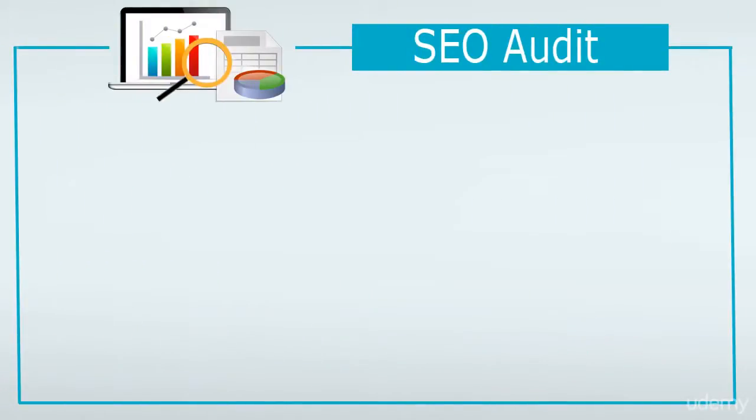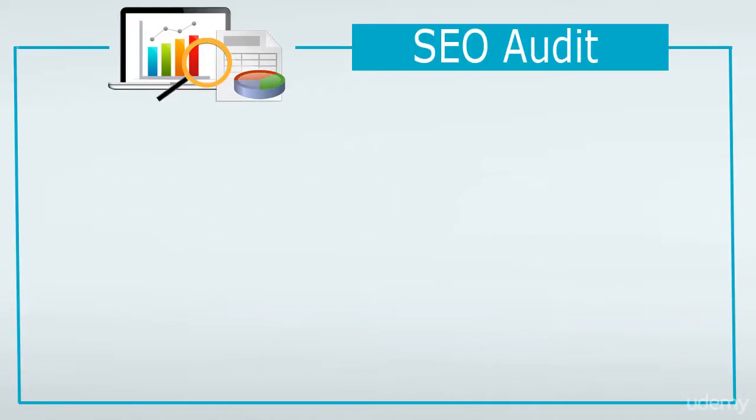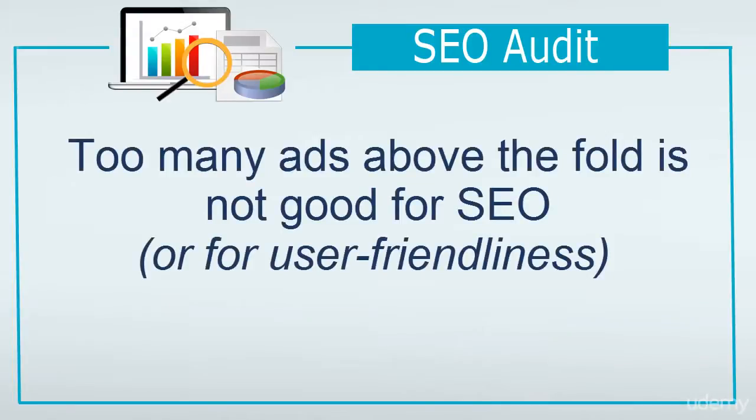Many times people have a blog and that looks different than the actual website. So you want to make sure that no matter what you have on your website, you have a consistent layout and look. If you will be having advertisements on your site, you don't want to have too many ads above the fold. This could be Google AdSense, or other affiliate offers that you have, for example.